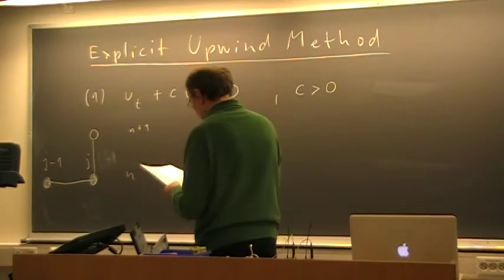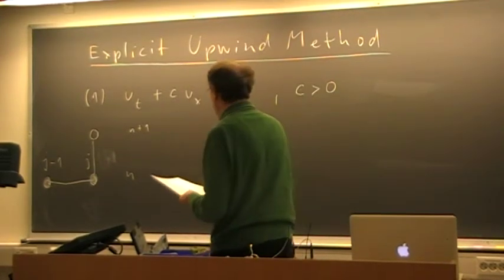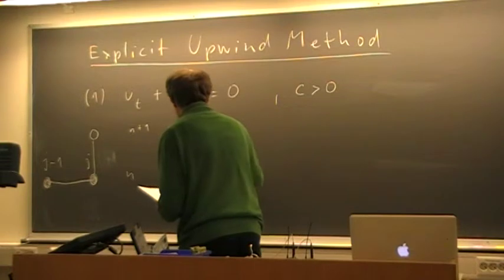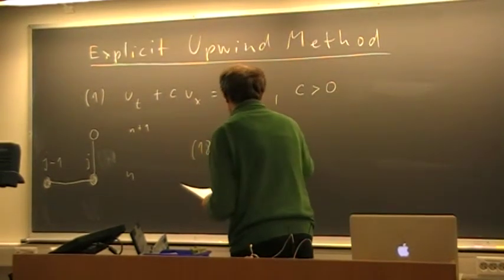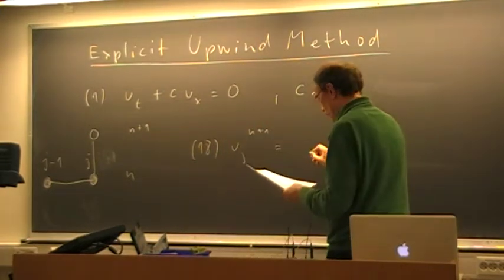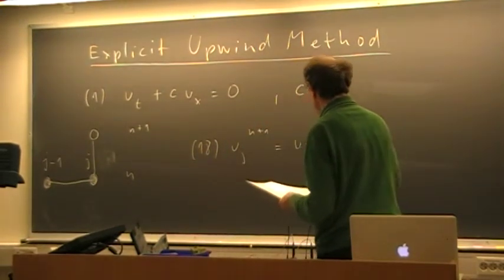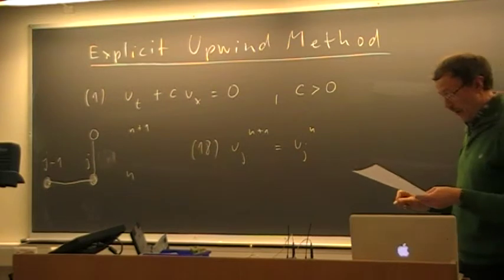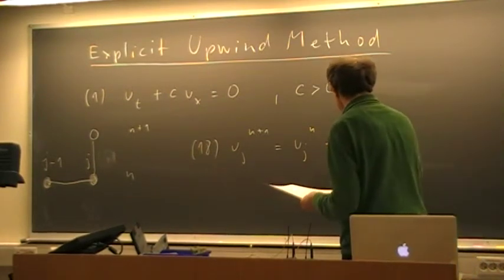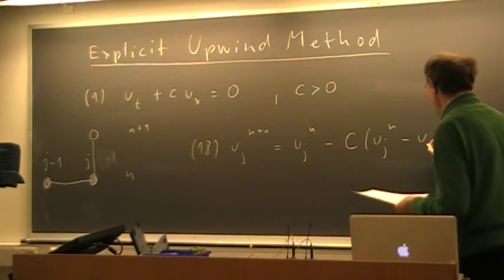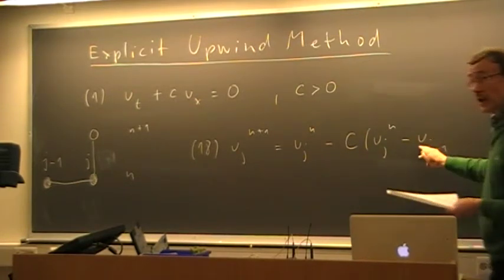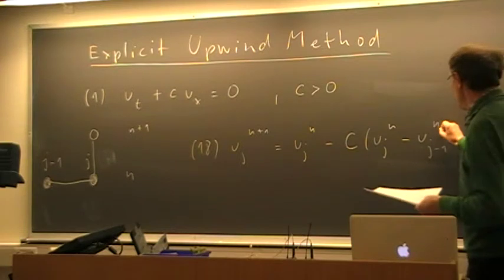And we argued then that we can get the formula, that is formula 18 that we used, that we get the value at the new time level from the value at the old time level at grid point xj minus C times the value at the old time level minus its upwind neighbor, that is the left neighbor in that case.